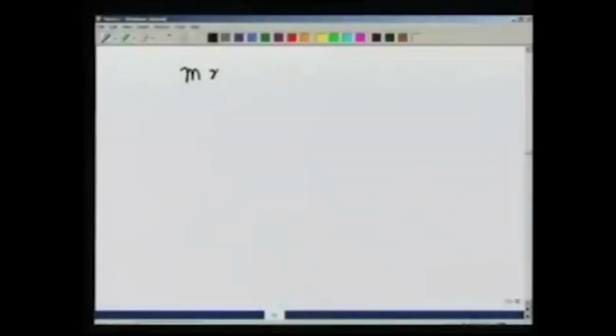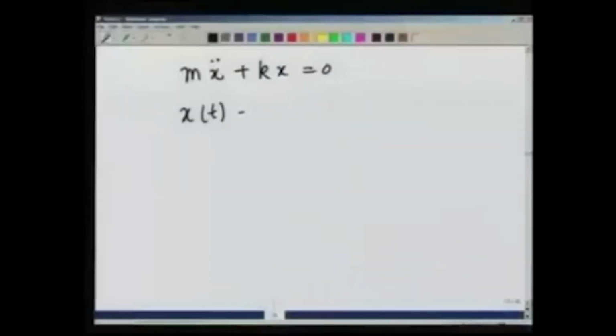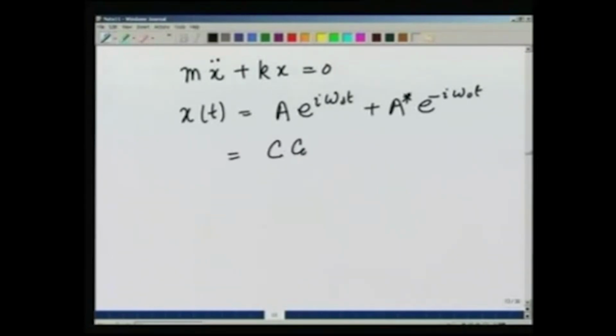So, what we have learnt so far is, given this equation for a spring mass system or the motion of a particle about its equilibrium point, its motion is going to be described by the displacement x(t) equal to A e raised to i omega 0 t plus A star e raised to minus i omega 0 t, or equivalently C cosine of omega 0 t plus D sine of omega 0 t.